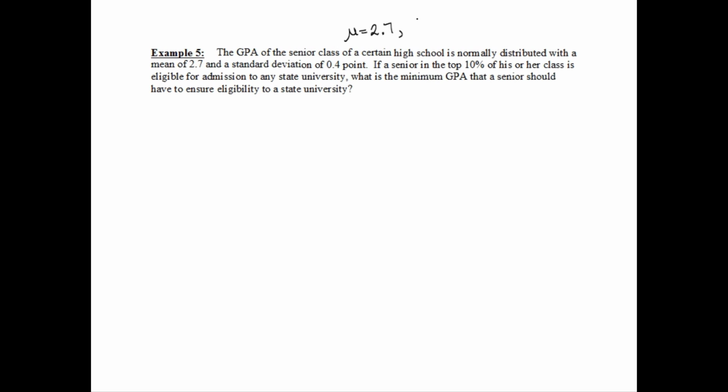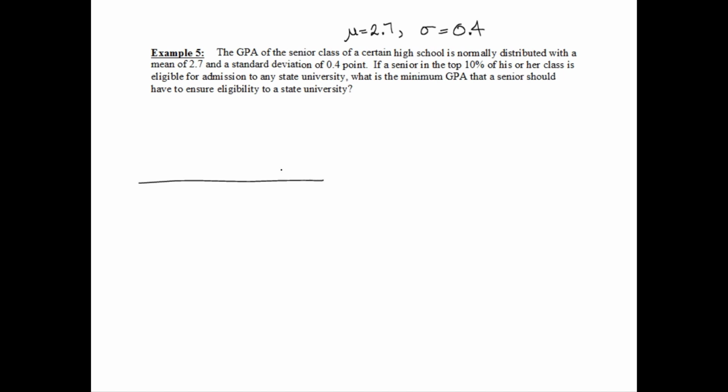Mu equals 2.7, sigma is equal to 0.4. If a senior is in the top 10% of his or her class, and she needs to be in the top 10% in order to be eligible for automatic admission to a state university, what's the minimum GPA that the senior has to have in order to be certain of being eligible?